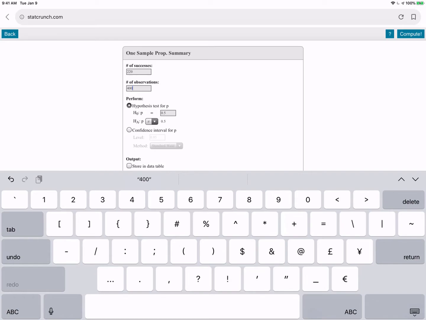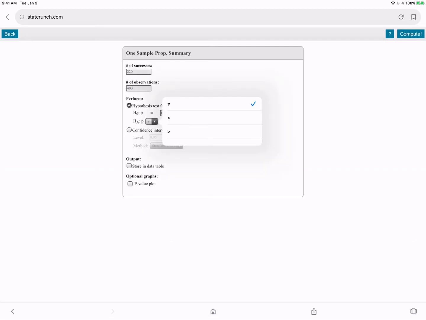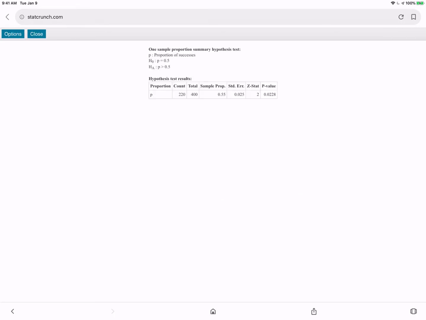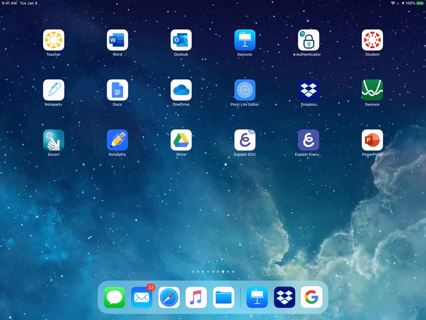Our number in our null hypothesis is 0.50, and the sign in our alternative is a greater than sign because we're interested in a majority. And so now we'll compute the test statistic and a p-value. So we have a test statistic of 2 and a p-value of 0.02. So let's record that and finish our work in the hypothesis test.